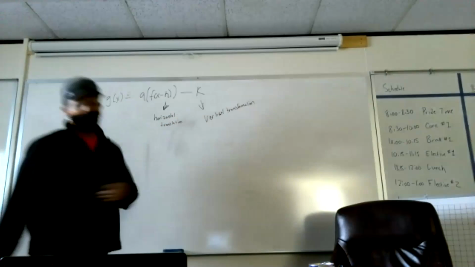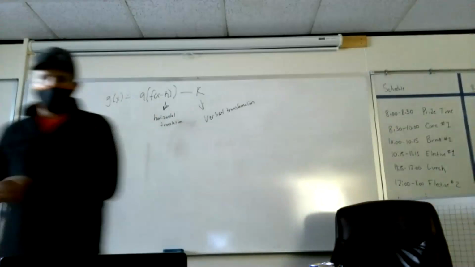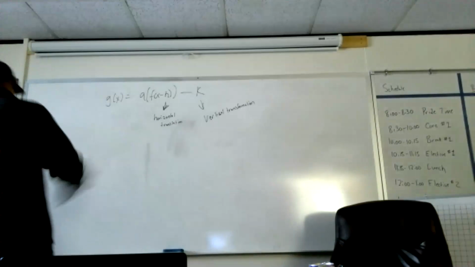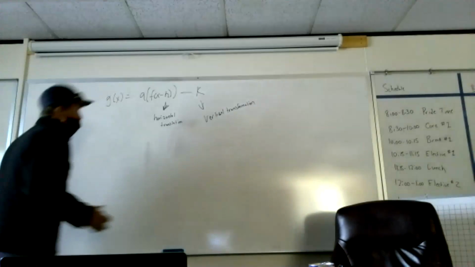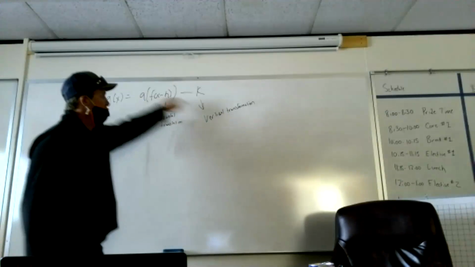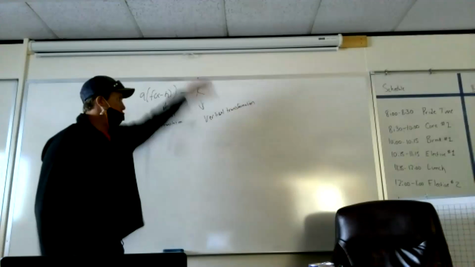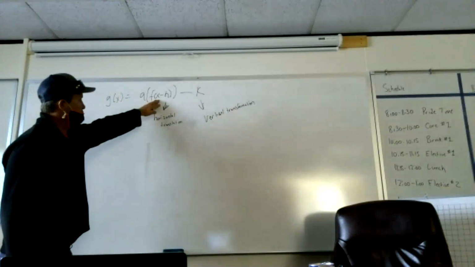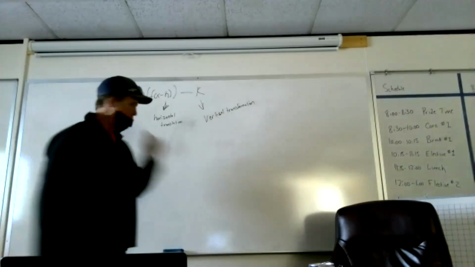This is what makes the graph go left and right. It sets up an inside versus outside type of thing. So if I'm outside of my f of x function, I'm moving my graph up and down. If I'm inside my f of x function, I'm moving my graph left and right.